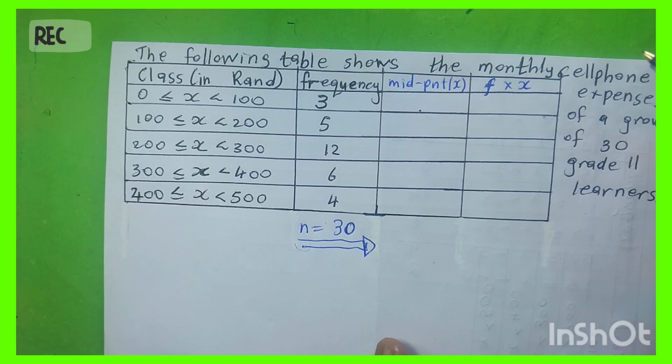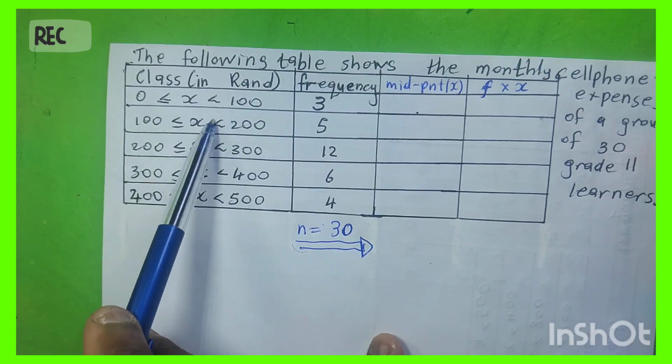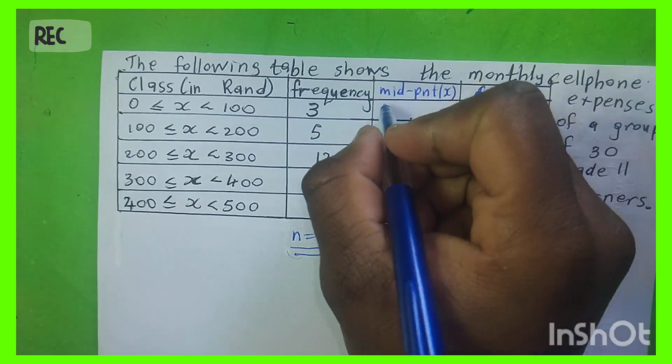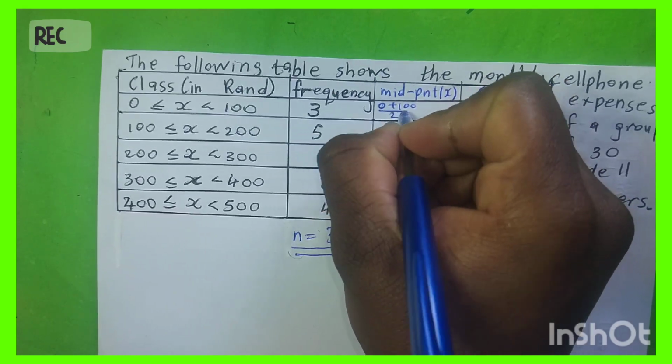Now what I should get is the midpoint. To get the midpoint, you focus on the intervals. You add those two values, then you divide by 2.